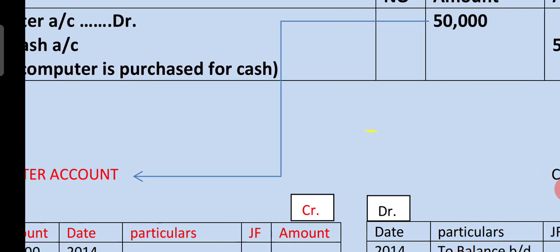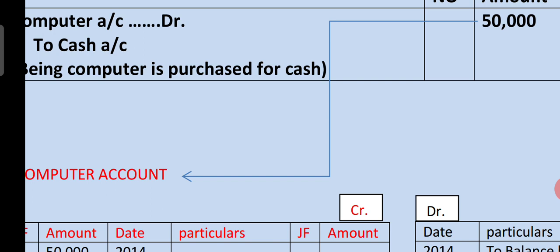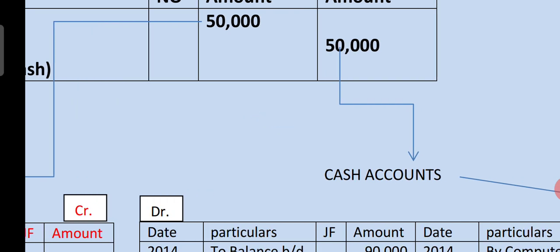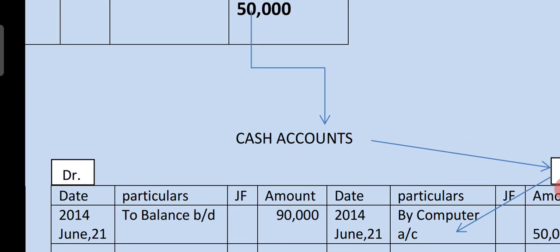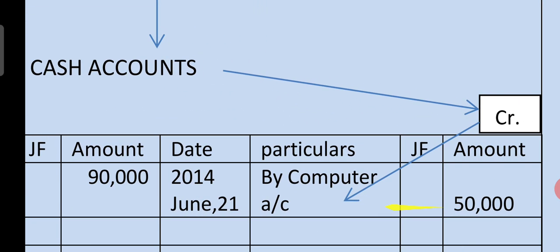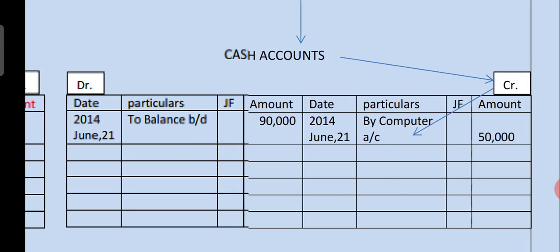In the journal entry it is the cash account. For that we came to the cash account, and from there to the credit side. In the date column we wrote the date, then the opposite entry, the computer account, as 'By computer account'. Then in the amount column we wrote rupees 50,000.